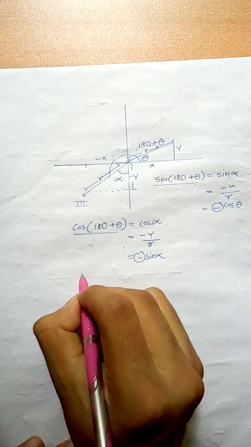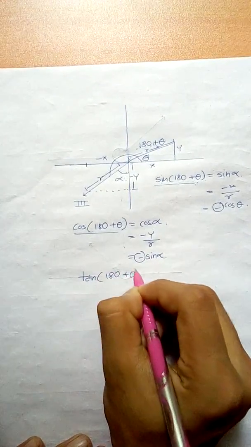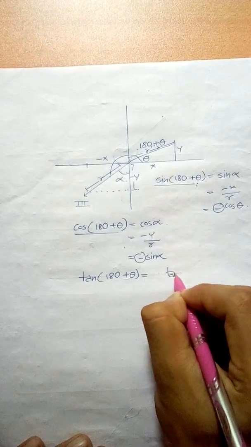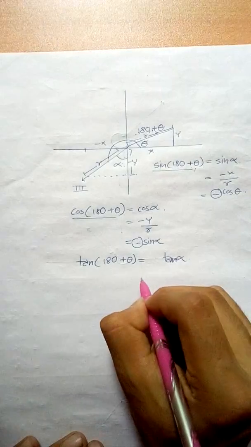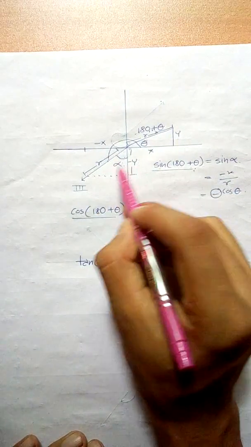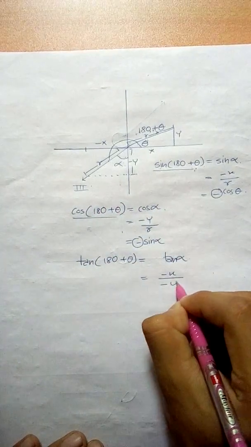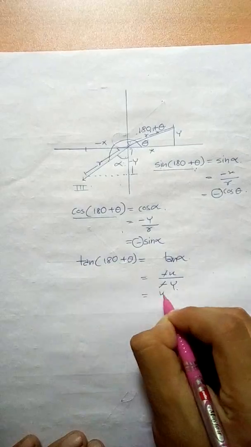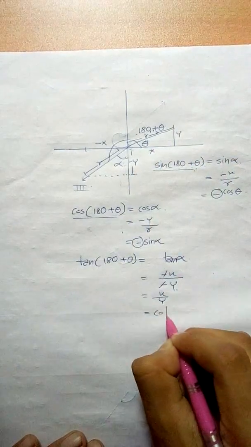Now let's come to tan 180 plus theta, which is also equal to tan of alpha by reference angle theorem. Tan of alpha in this triangle will be minus x by minus y, means x by y. What is x by y in this triangle? That is cot theta.